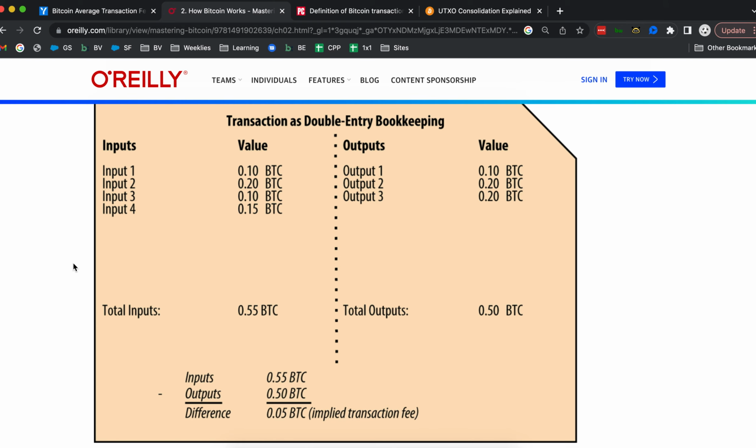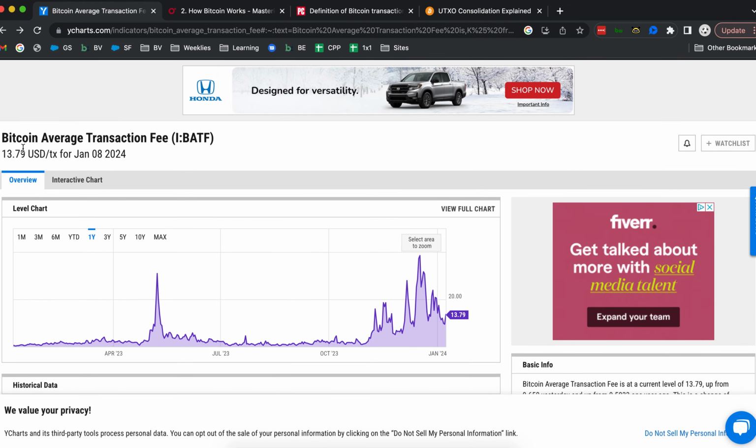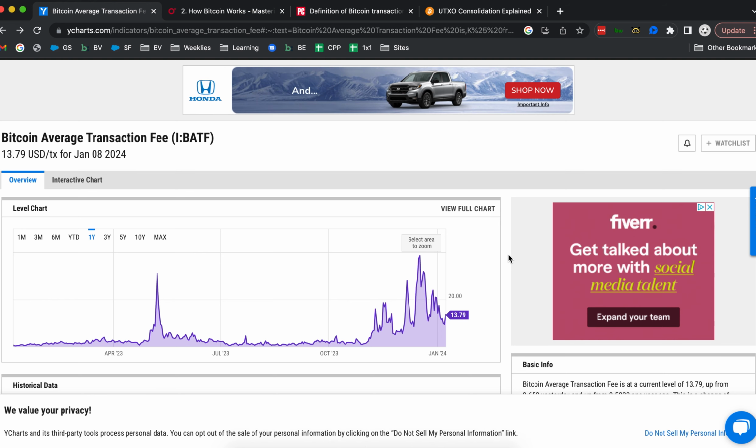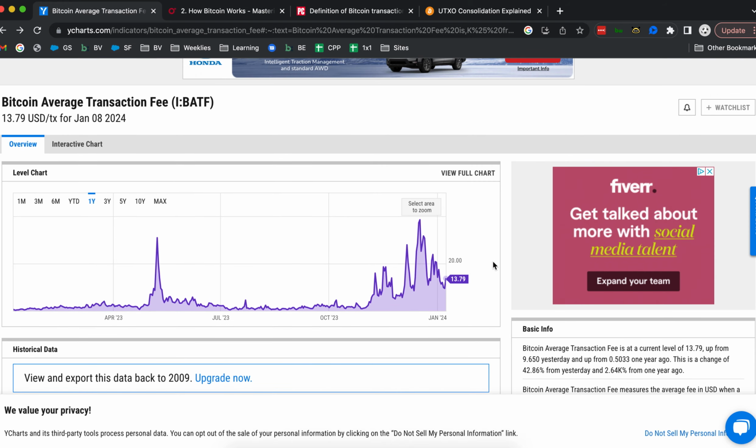So go ahead and do that now. You can just search Bitcoin transaction fees, or check out mempool.space. They both have areas where you can check the transaction fee amount and decide when it's right for you to consolidate UTXOs.